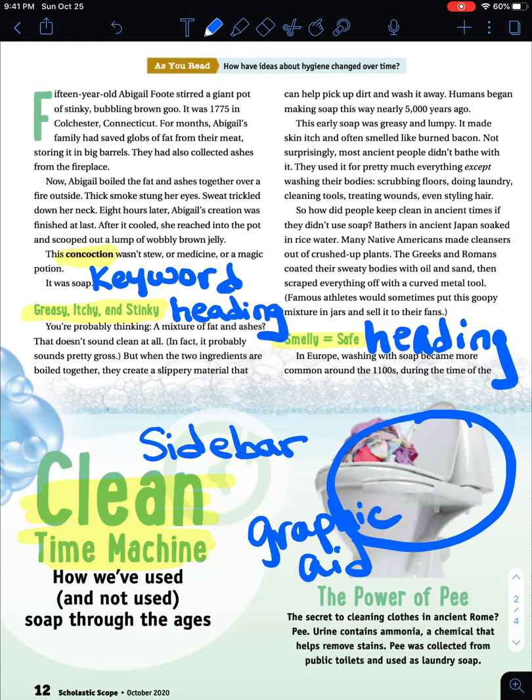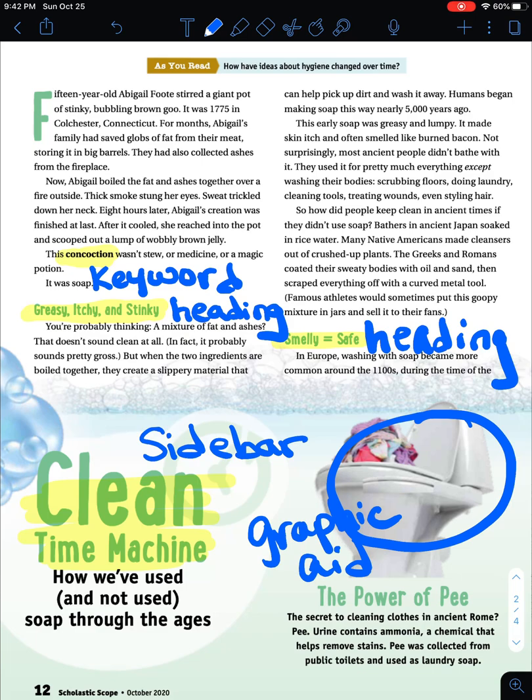It can also draw our attention to it, keep our interest in what we're looking at, and it can help us to visualize a certain point. Maybe they're trying to show us, like in this case, it's a toilet, and it's talking about how in ancient Rome, they used urine to help remove stains, which of course to our modern lives, that seems really gross, but the graphic aid helps to connect the idea of using urine, pee, as a cleaning agent.